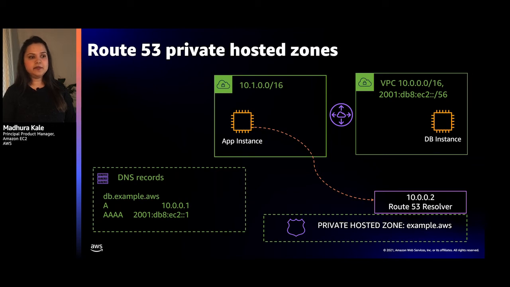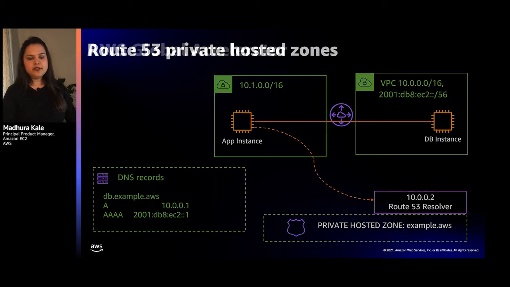It returns the IP address from the DNS records defined in the private hosted zone, and then the application is able to set up a connection to the database. You would do the exact same thing with public domains. You just have to register those domains, or Route 53 can provide you new domain names as well.